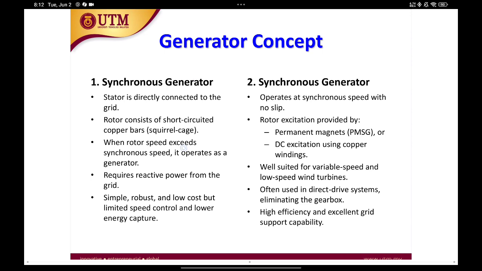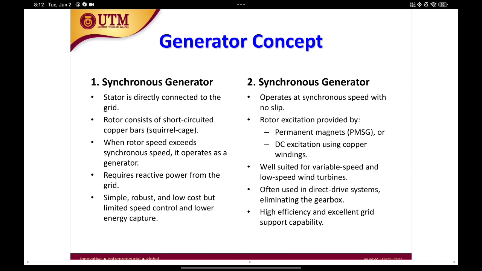When the rotor speed exceeds the synchronous speed, it operates as a generator. The synchronous speed is the frequency speed of the grid.